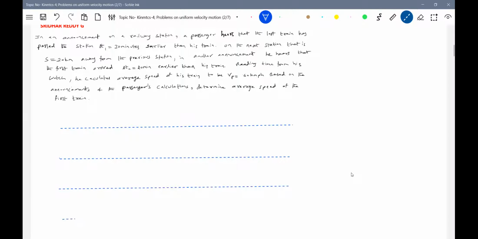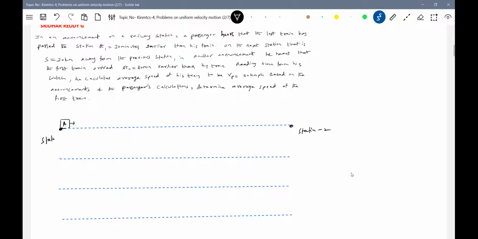I will try to explain through a diagram. There are two trains. The train A, there's a station 1. There's a station 2. That's the same thing.